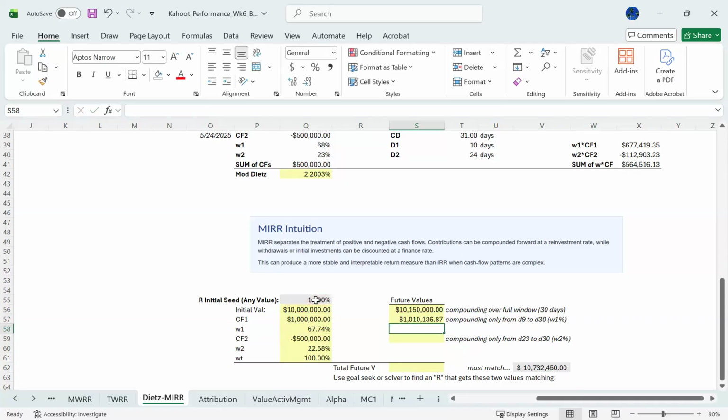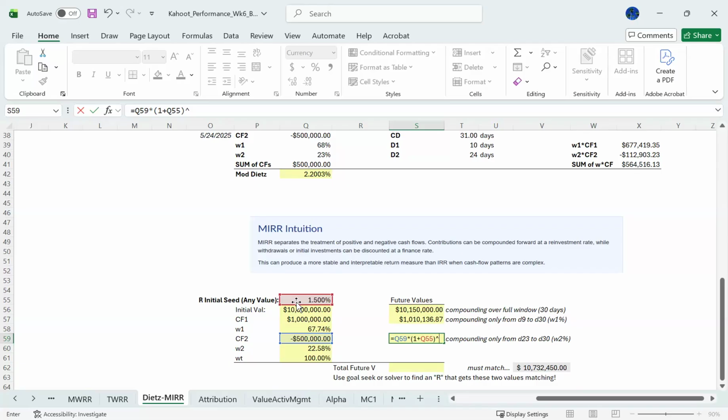And there we go. Now cash flow 2, which is negative, by the way, is the same. I'm going to take it to future value by multiplying by 1 plus the overall rate, the 1.5% return of the entire window, but cash flow 2 was only there for 22.58%.